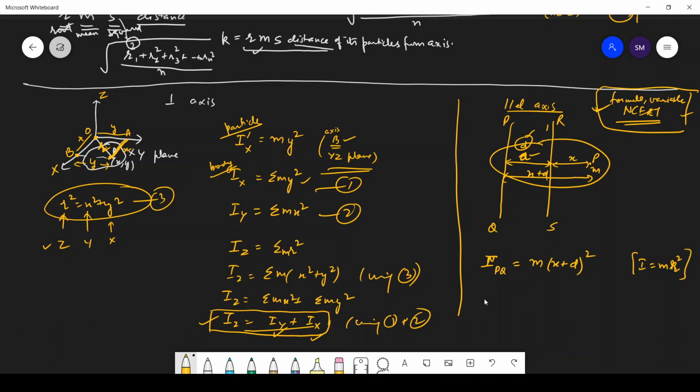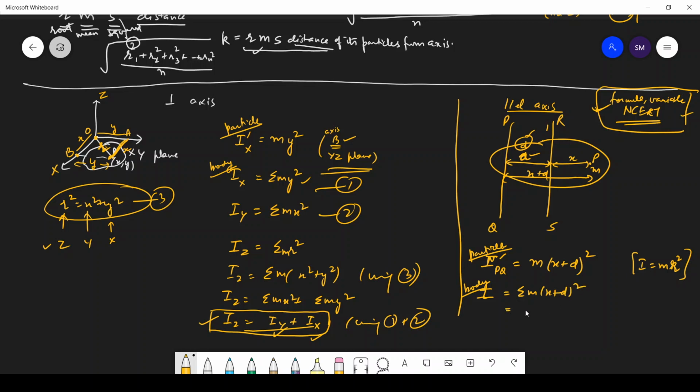So square of it. Now the moment of inertia of the whole body, so this was of the particle, and for the whole body you can write it as I dash. So that's the summation m (x plus d) whole square.